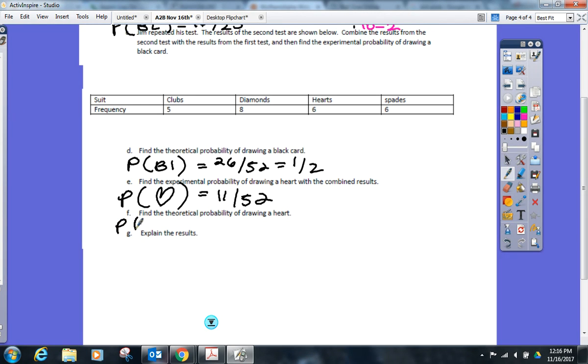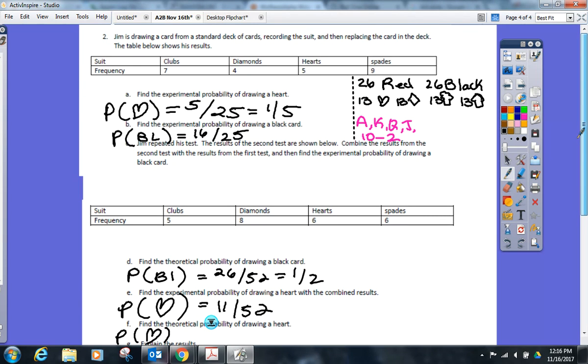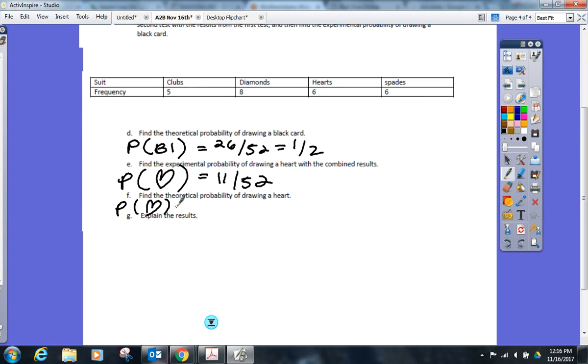That's 4 suits. How many hearts are in each suit? 13, yep. Out of 52, so you have 1 out of 4 shot. Which is what percent, by the way? 25% chance, right? That's a 25% chance.